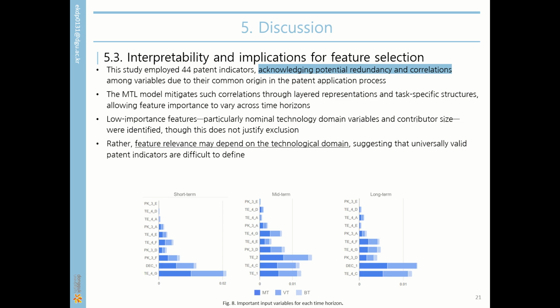The analysis also identified several low importance features. However, the authors emphasized that this does not necessarily mean these indicators should be excluded because the importance of features may vary depending on the technological domain.